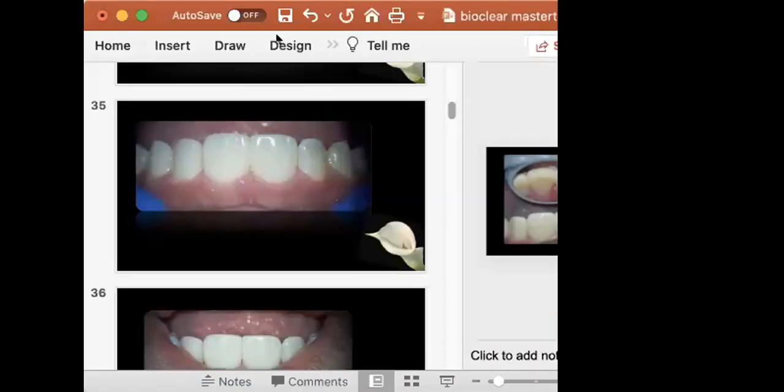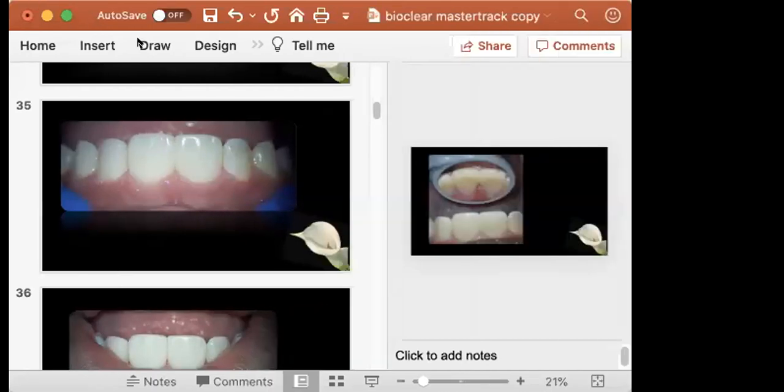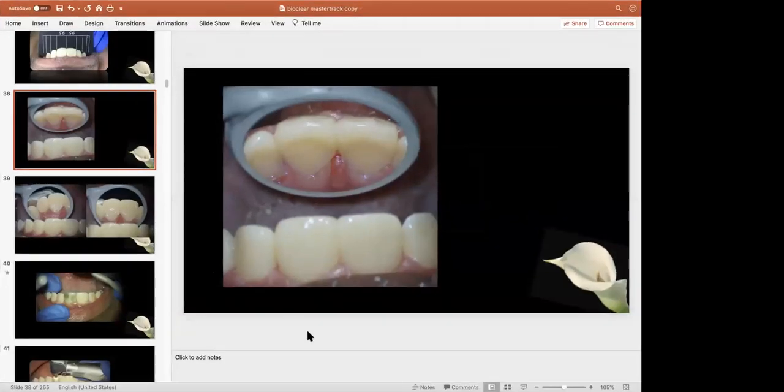That is correct. And so the question that we ask ourselves with the Bioclear method is always this. Number one, do we have freshly cut dentin tubules anywhere near the pulp? And if we have freshly cut dentin tubules near the pulp, we're going to massage the Scotch Bond Universal adhesive into dentin tubules for a full 20 seconds, air thin, and cure.